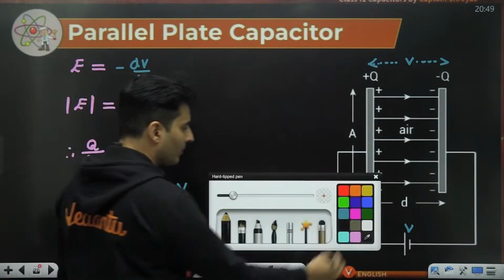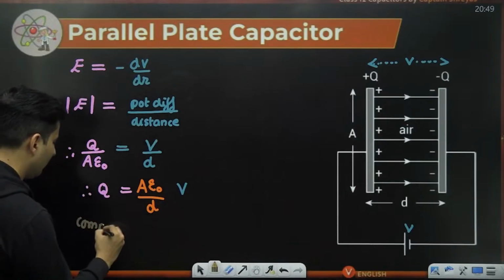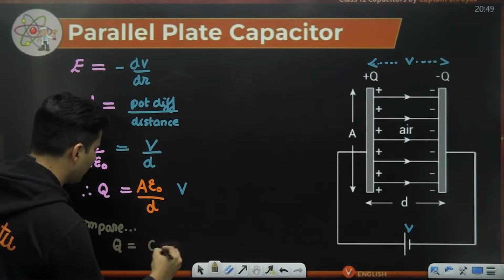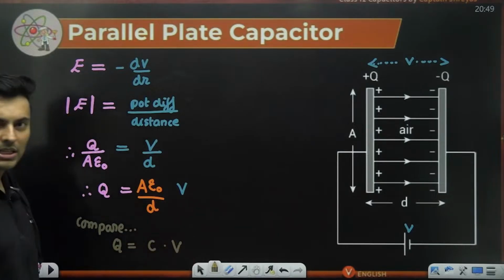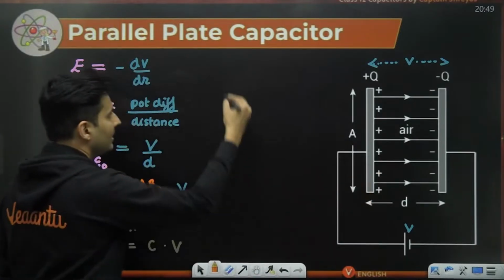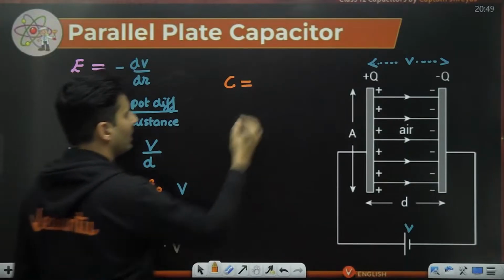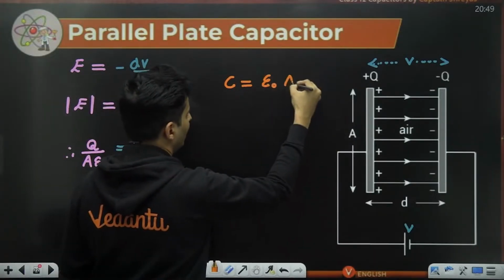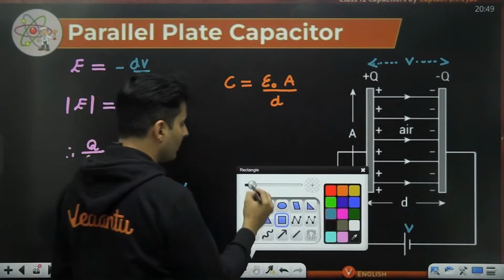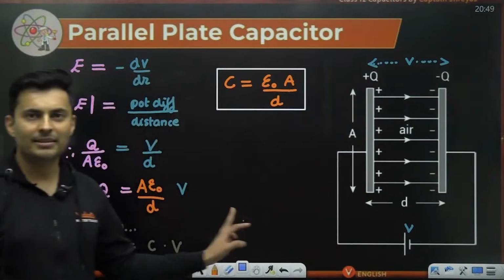Compare this with charge is capacitance multiplied by voltage. Immediately you have your answer, and the answer is that the capacitance is nothing but epsilon naught A by D. So this is the formula for the capacitance of a parallel plate capacitor.